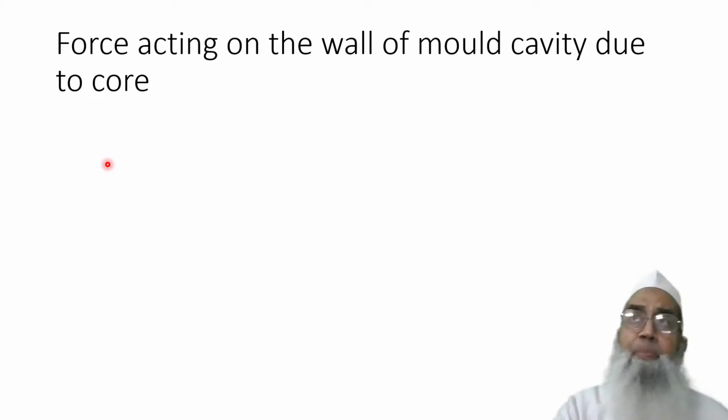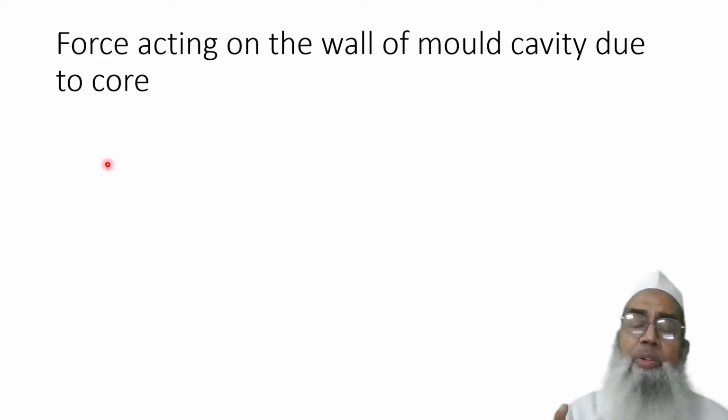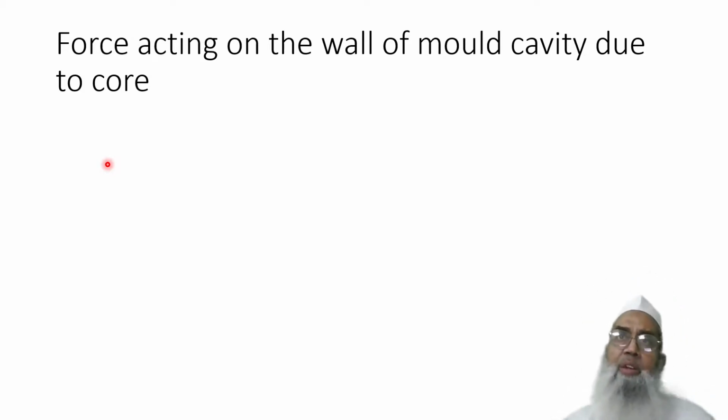Now, this buoyancy force on the core will cause the force to dislodge or misalign the core. Therefore, this force on the core will act on the wall of the mold cavity, and the wall of the mold cavity should be strong enough to withstand these forces.